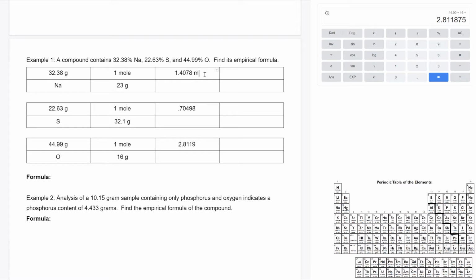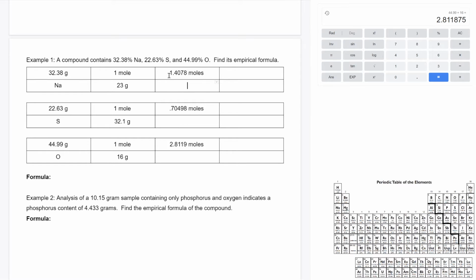Okay, so we get our mole amounts, and we can put our units. Units are not going to be nearly as important for this, because ultimately our answer is going to be a chemical formula, like NaCl or H2O, that doesn't have units. All right, so we get our different mole amounts, but these are very much not whole numbers.